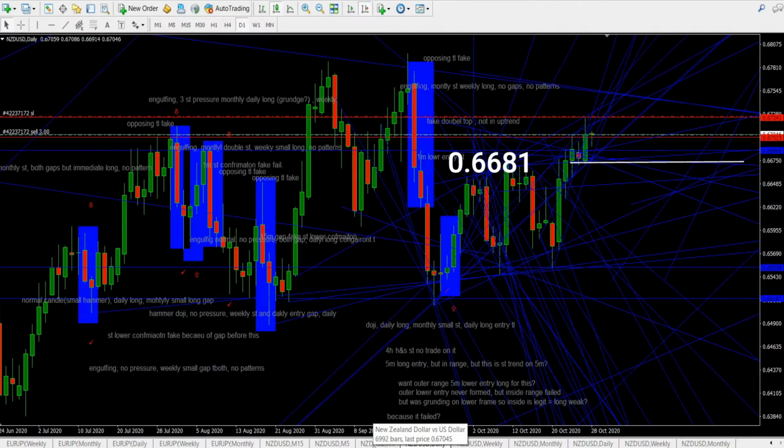One is at 0.6681, where a strong 4-hour trend line exists, and the other is at 0.6640, where a strong weekly trend line exists. So, when price reaches these levels, I will watch the lower time frames price action to decide whether or not momentum is still in my favor.